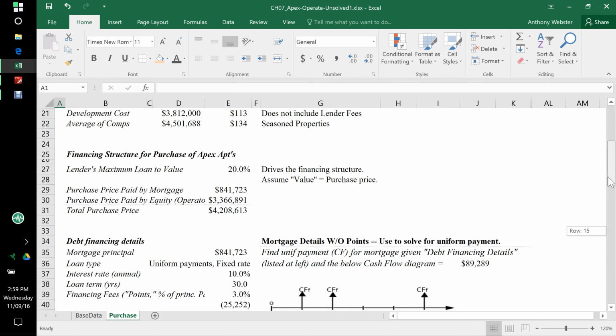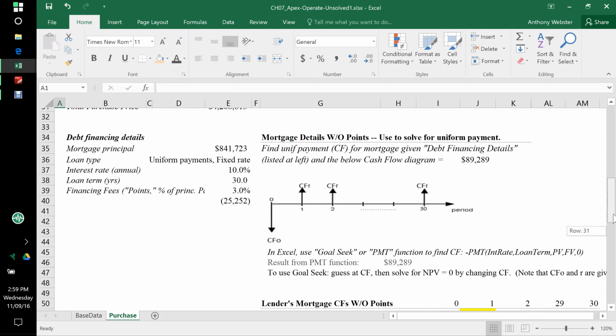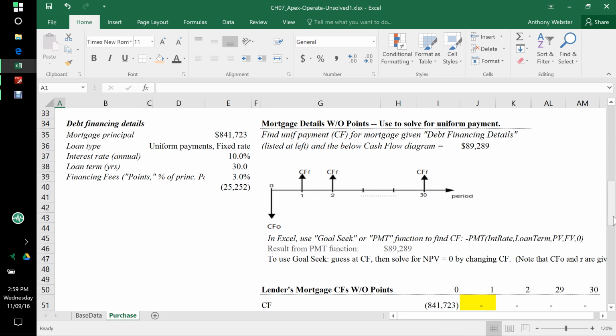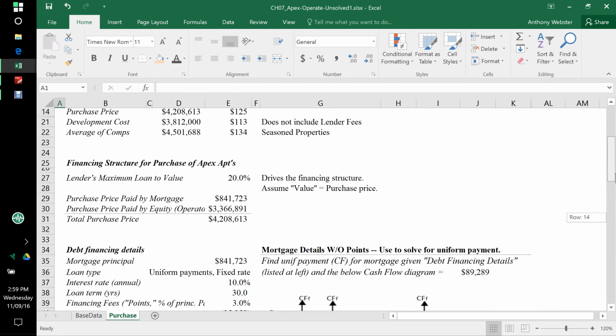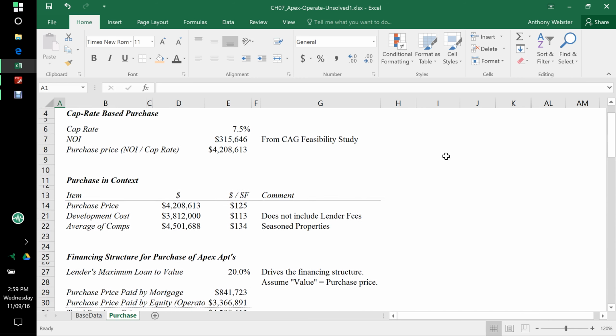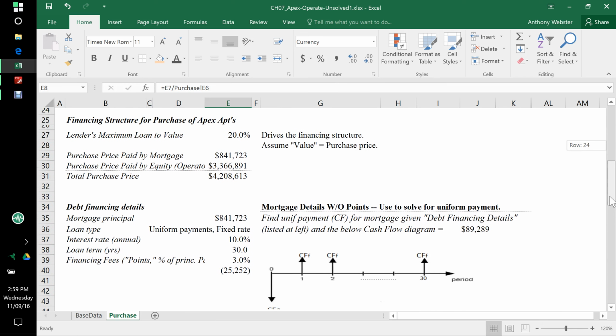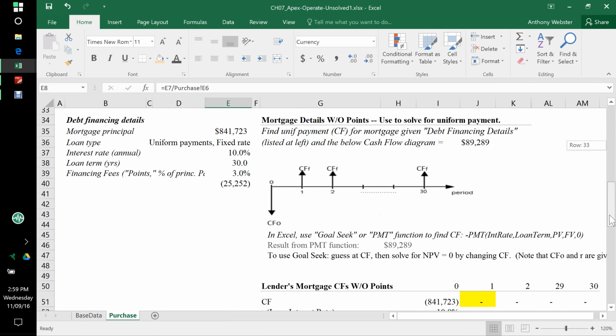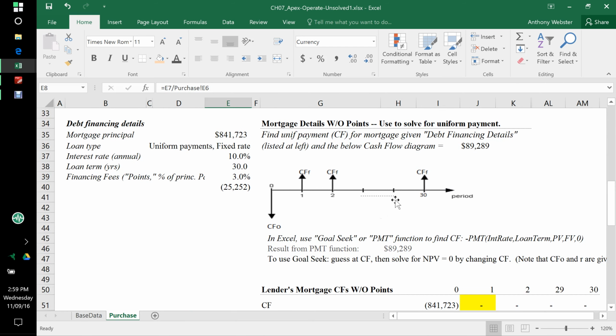Okay, so we're going to start with, remember the loan is really going to drive everything for equity, so we're actually going to start on this spreadsheet. Once we know the purchase price of the building, which we do know here, $4.2 million, we're gonna go talk to a lender and work out the lender's details.